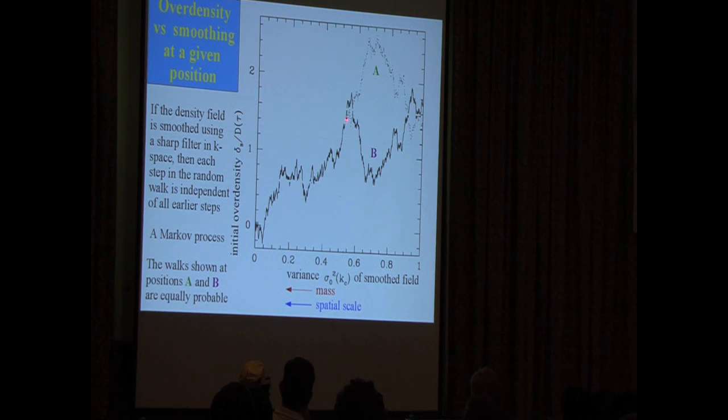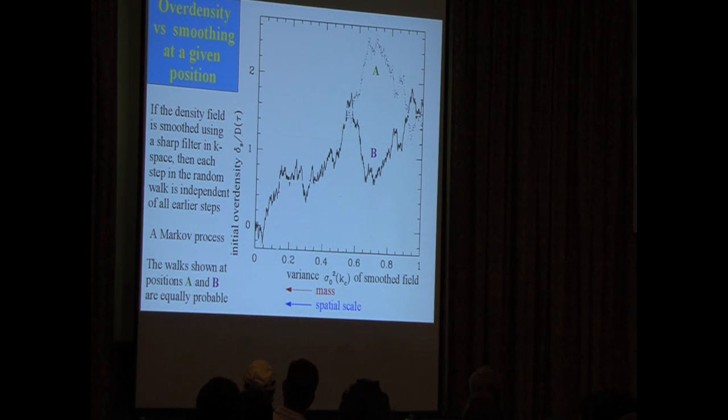On the left of this point, the two are the same. On the right, every time A goes up, B goes down, and vice versa, by the same amount. That means A and B have to be equally likely, because the random walk is just as likely to go up as to go down. So these are equally plausible random walks, two different ones, representing two different particles.